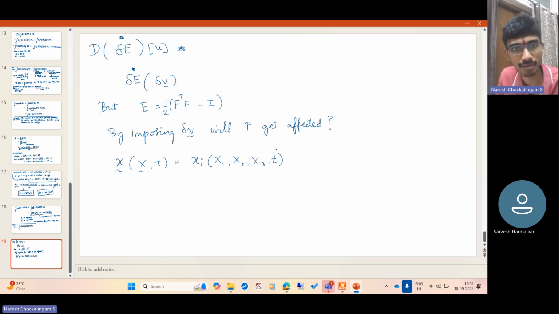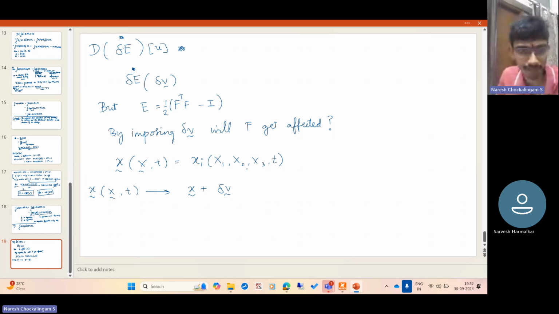So by imposing this, it means this becomes x plus del v times some small quantity.